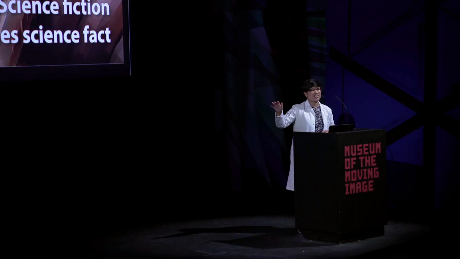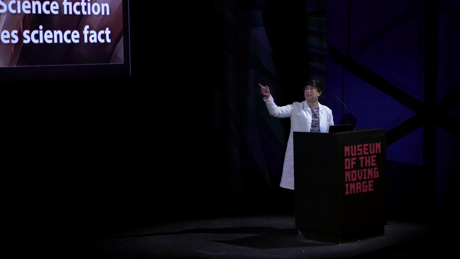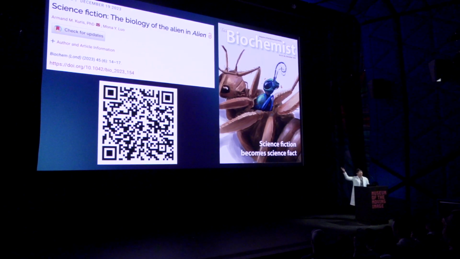This figure actually came from this really fascinating article that came out very recently. You can scan this QR code if you want the PDF, and the parallel they draw most often in this article is between the xenomorph and the emerald cockroach wasp, or the jewel wasp, which you might have heard about because it's well known for zombifying cockroaches.